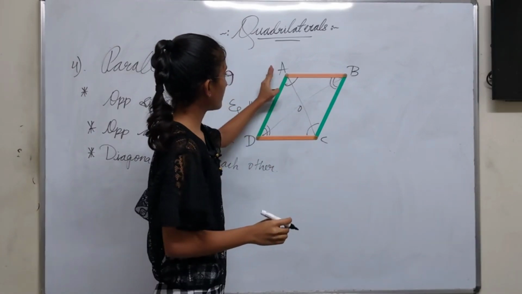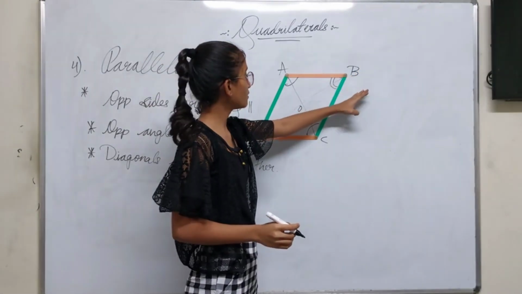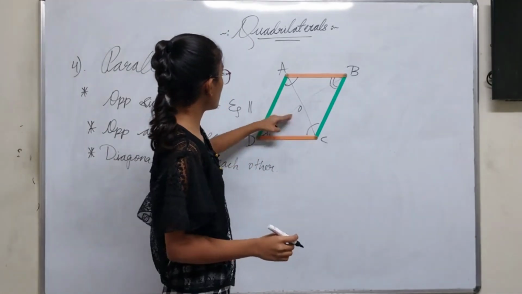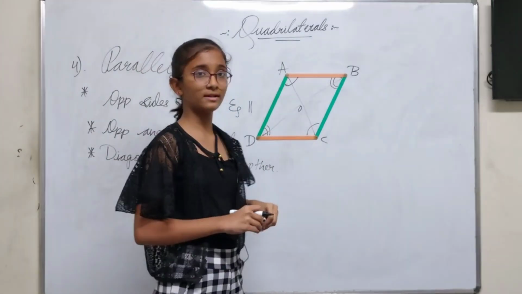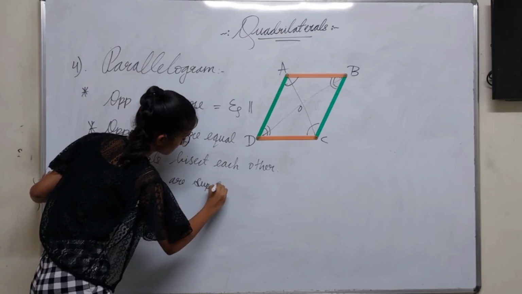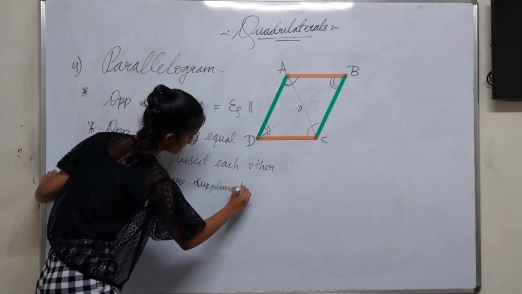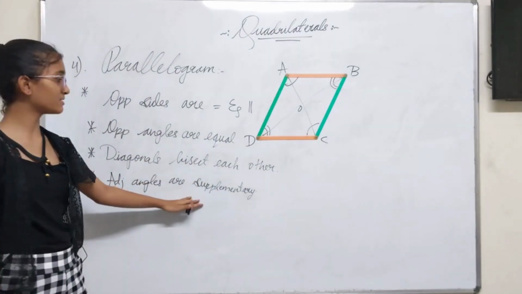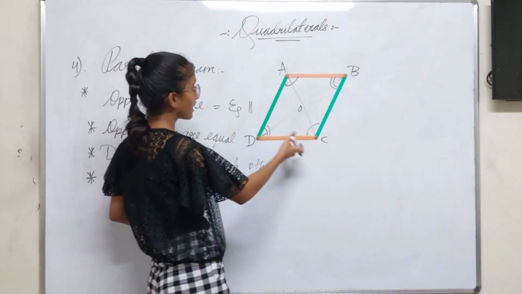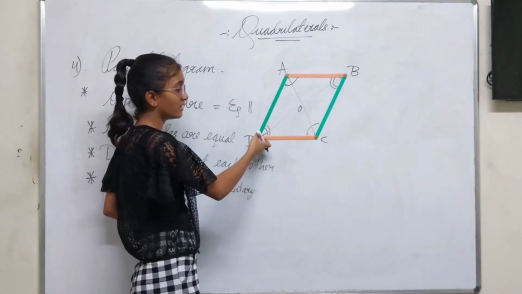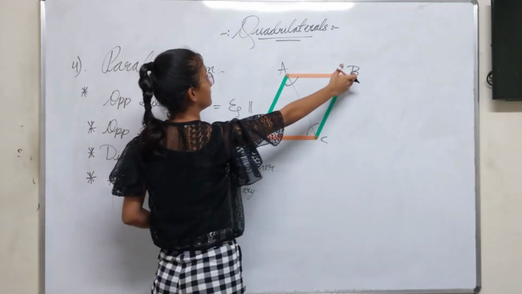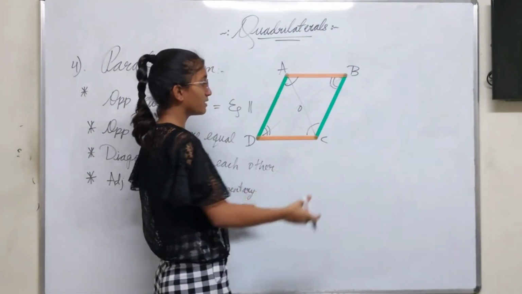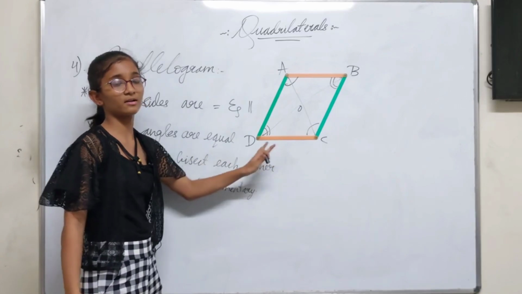Which means angle AOB will be equal to 90 degrees, and also angle BOC, COD, DOA, all these angles will be equal to 90 degrees. So in a parallelogram, adjacent angles will be supplementary, which means adjacent angles will be angle D and angle C, or angle B and angle C, which means if we add angle D and angle C, we will get the answer as 180 degrees in a parallelogram.